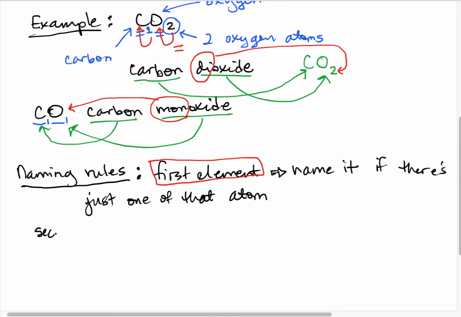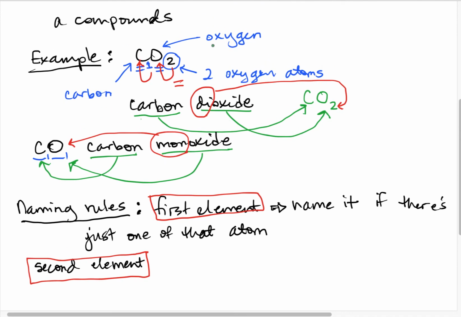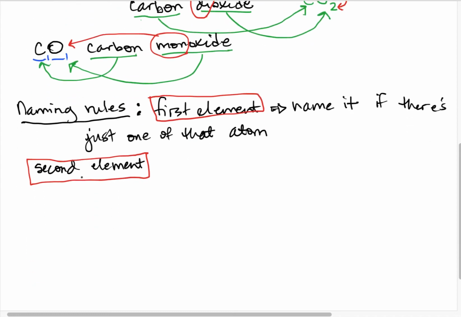For our second element, notice that we did 2 things. Do you see what they are? Remember that we talked about this element name. It was oxygen, and then it got turned into oxide.